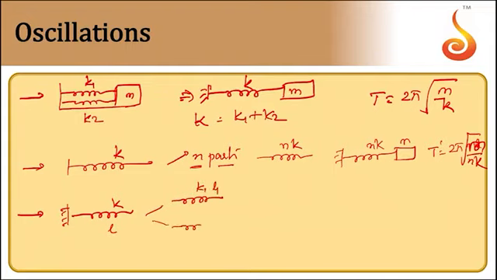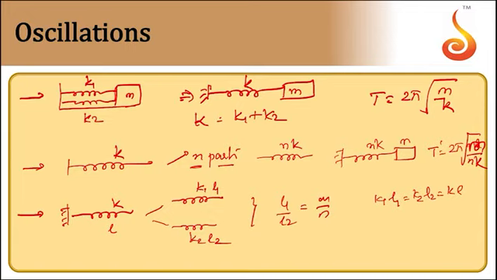K1 and K2 are the spring constants and their lengths are L1 and L2. Here L1 divided by L2 is equal to, for example, say the lengths are in the ratio M and N, then M divided by N, and you also know K1 L1 is equal to K2 L2, which is also equal to K into L.